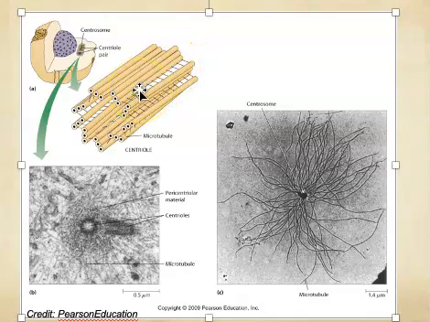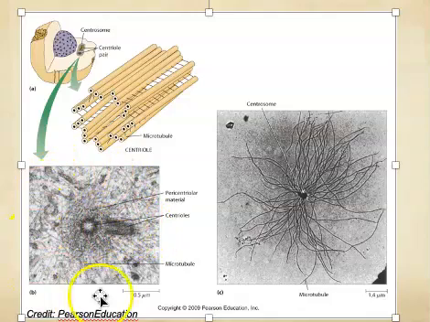Now, if you look at centrioles under an electron microscope, because you would need an electron microscope to see them, when you look at the centriole head on, in other words, when you look at it on its face here, it looks just like a symmetrical tube. When you look at it along its length, it looks very different. It looks like this.